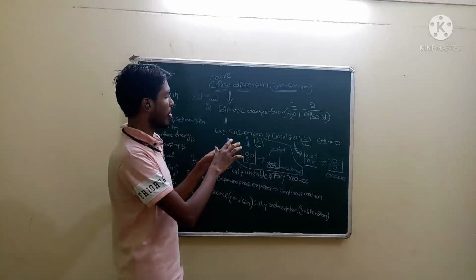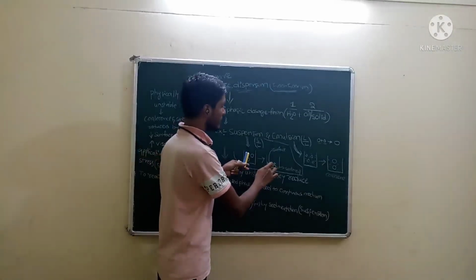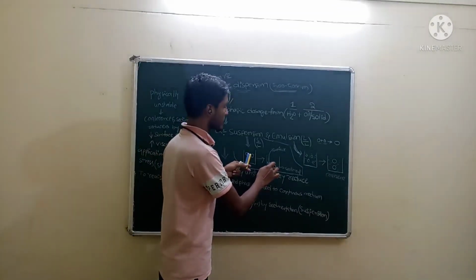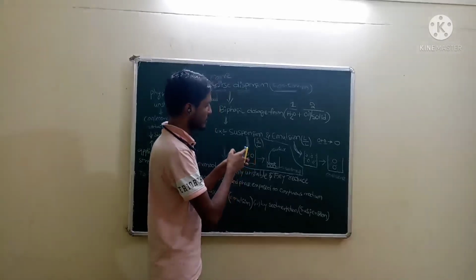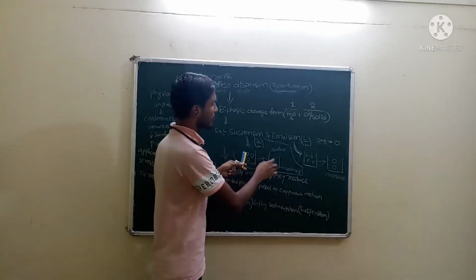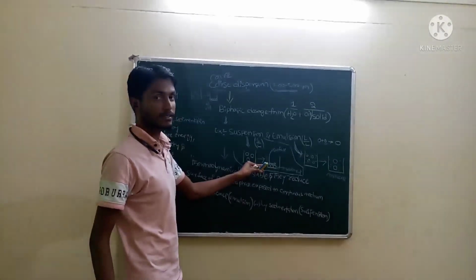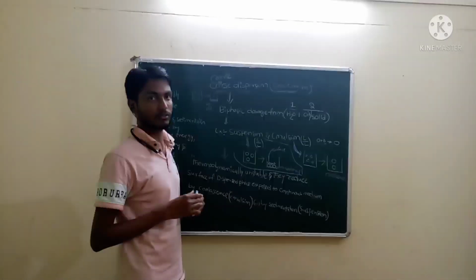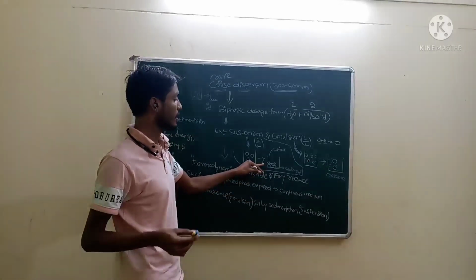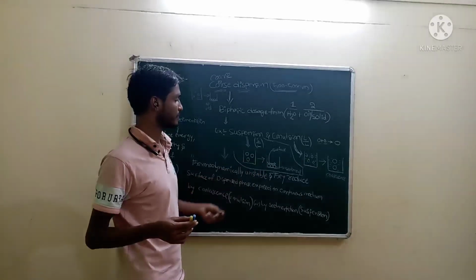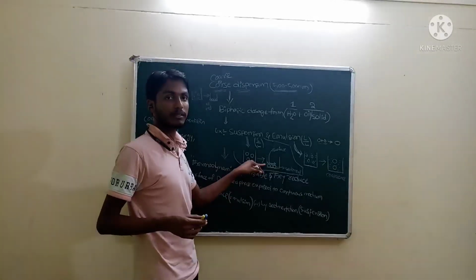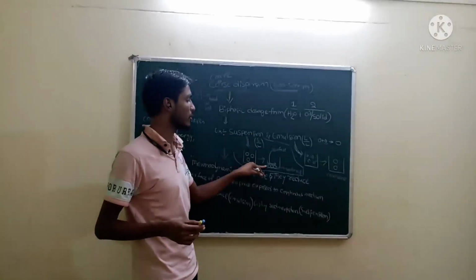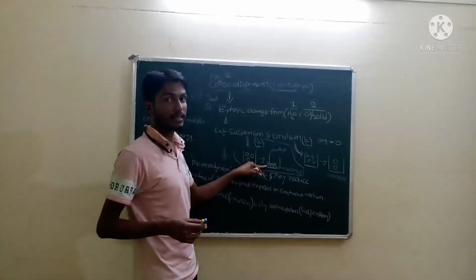When settling at the bottom, this surface area is not exposed to the continuous medium. Whenever the surface area is reduced, surface energy also reduces, and the suspension becomes stable by reducing the surface area.